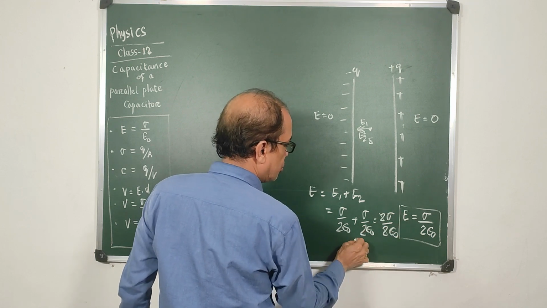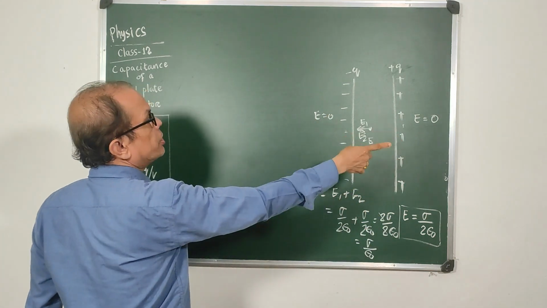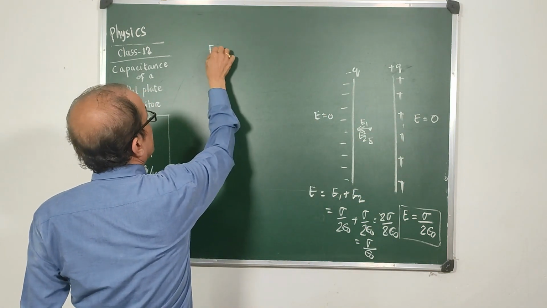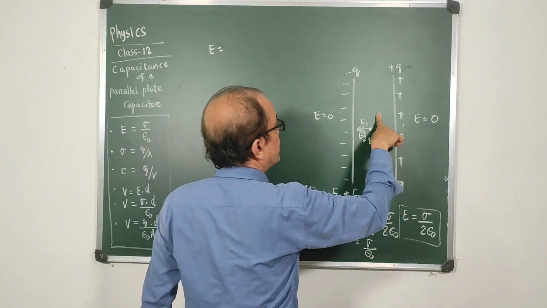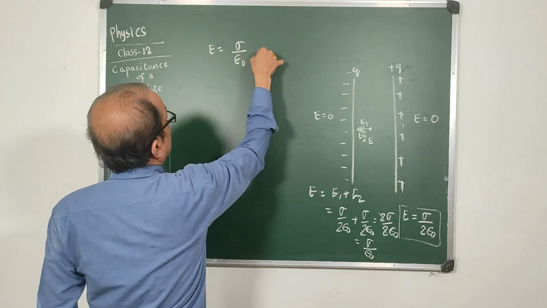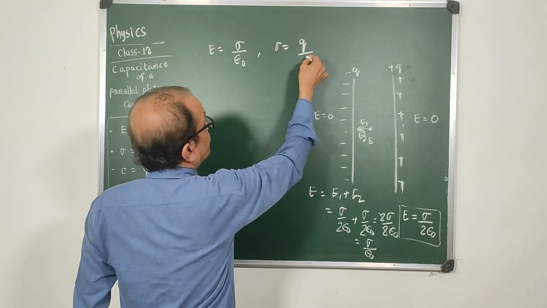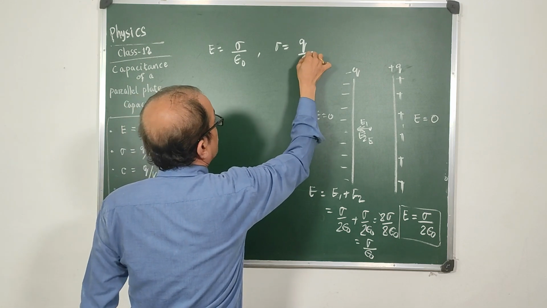The 2 cancels out, so you get sigma by epsilon 0. The summary of this discussion is that the net field E inside a charged capacitor will be sigma by epsilon 0, where sigma is nothing but the surface charge density, the charge q divided by the surface area A.